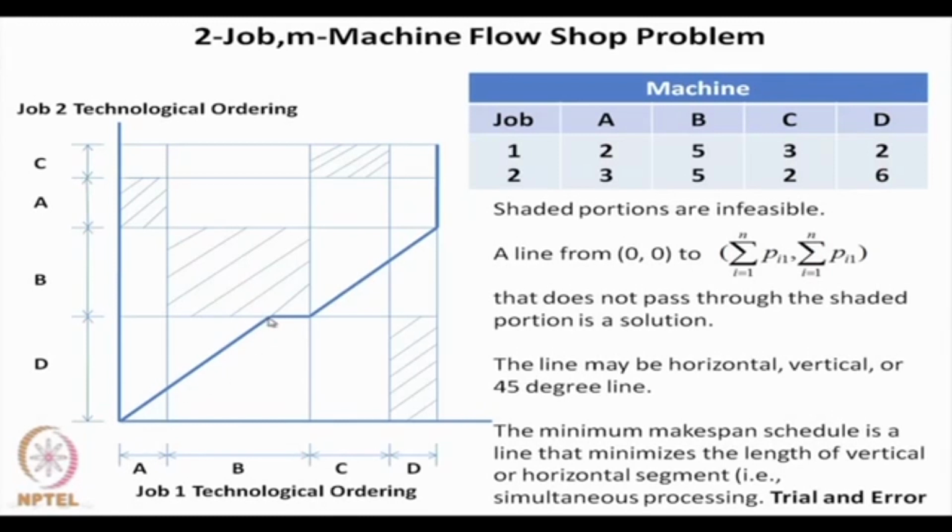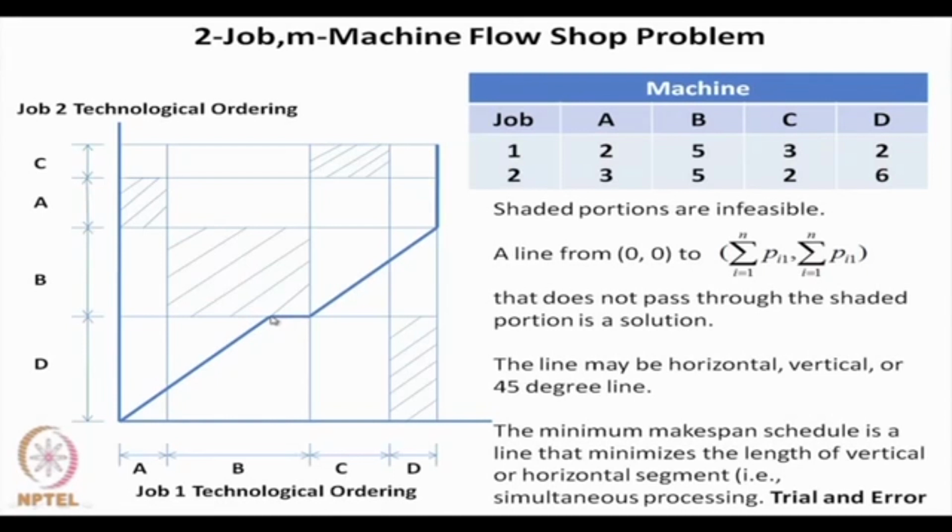It means that machine A would work on job 1 first without any problem, then machine B can take up job 1, there is no problem, and meanwhile, when machine A is working on job 1, machine D can work on job 2, there is no problem.